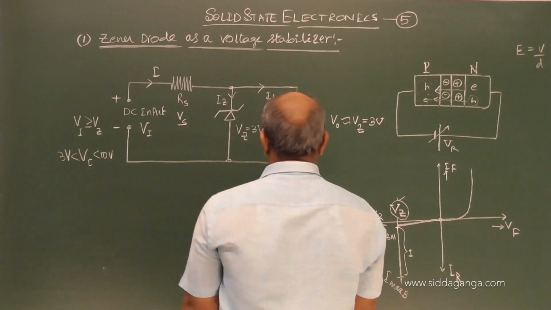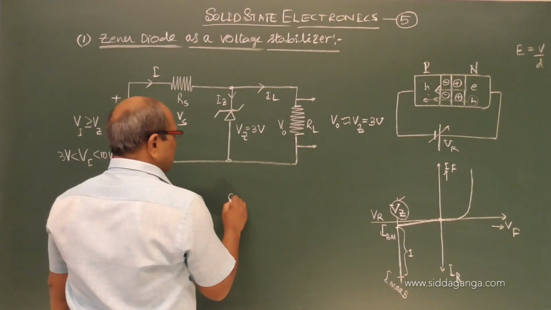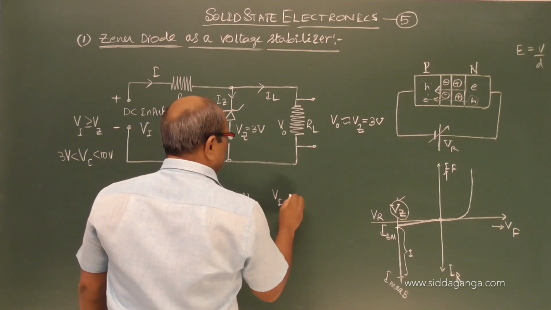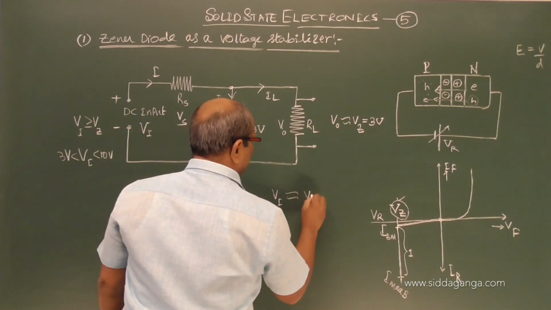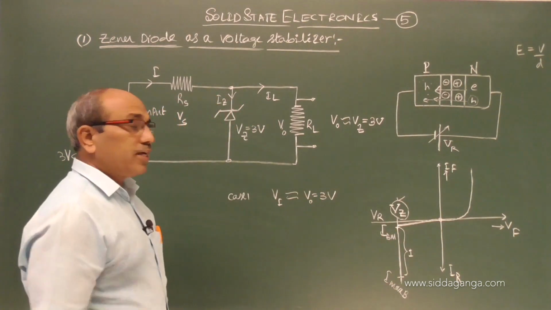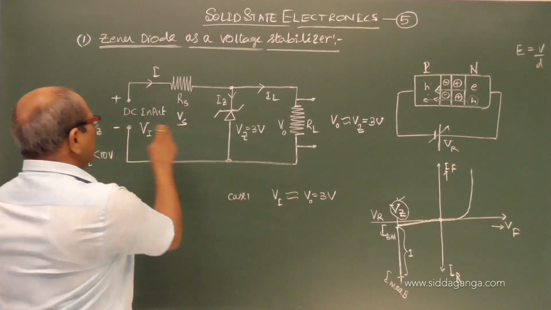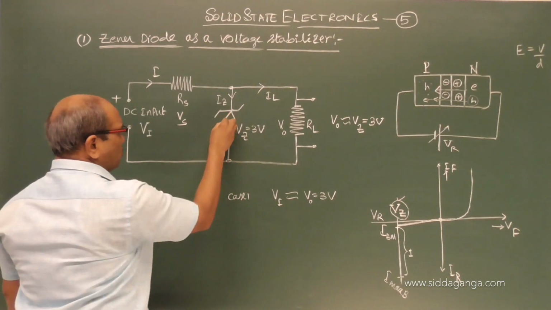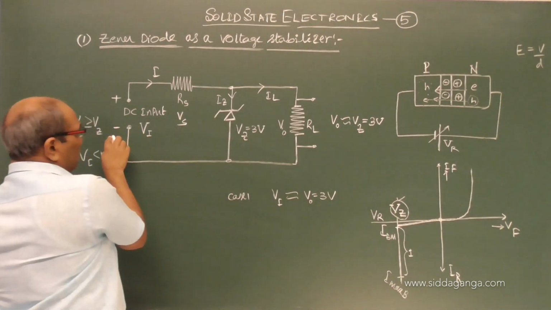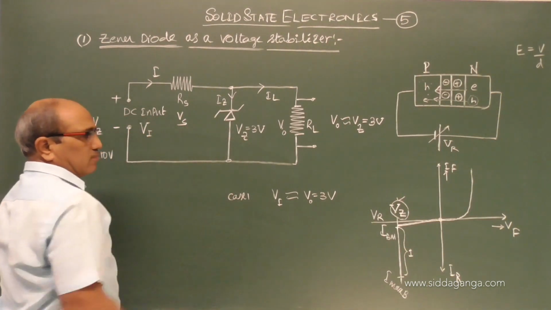How does this take place? So let us take case 1, when the input voltage is almost equal to the output, equal to 3 volt. What happens? See, this is just the Zener voltage that we are supplying from the input.